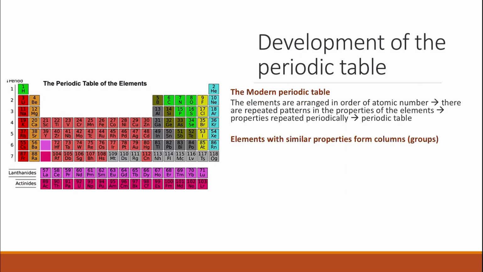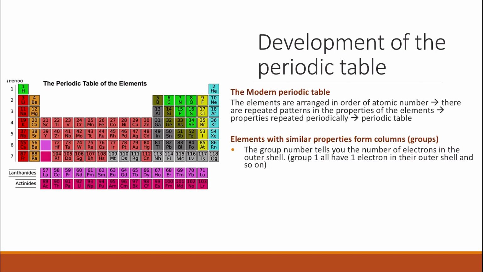The periodic table has columns which are called groups and rows which are called periods. Elements with similar properties form columns or groups. Each group will tell you the number of electrons in the outer shell of all the elements within that group. So all the elements in group 1 will have only one electron in their outer shell, and so on.